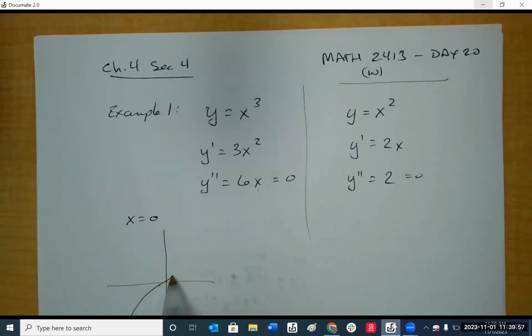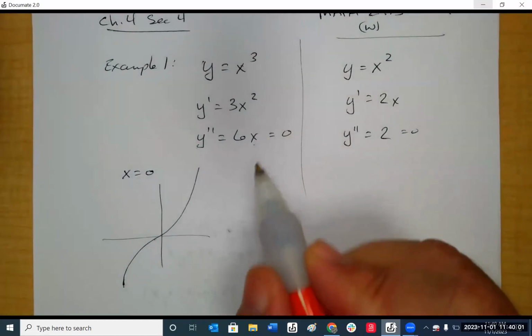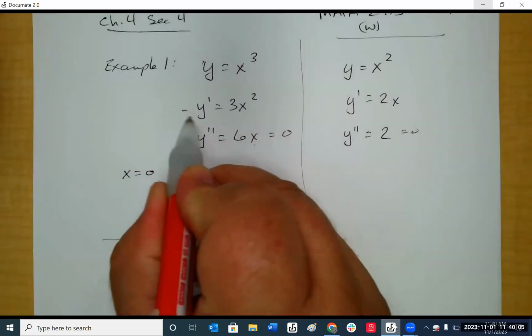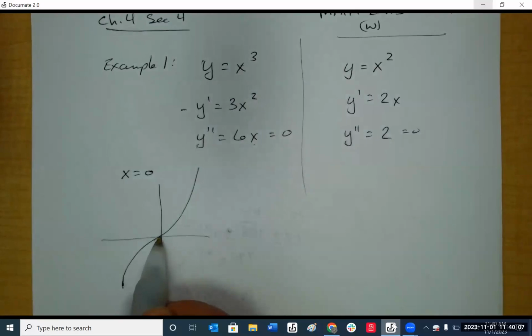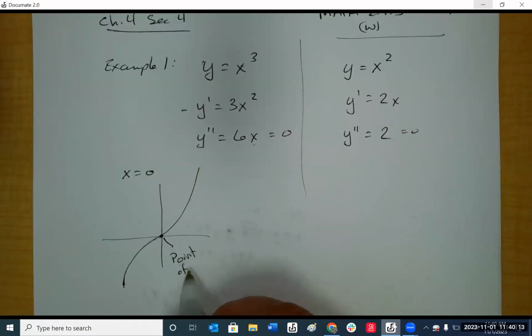It goes through the origin. So this one tells us that it's increasing. Since that's our important point, this is actually our point of inflection. I'm going to call it the POI from now on.